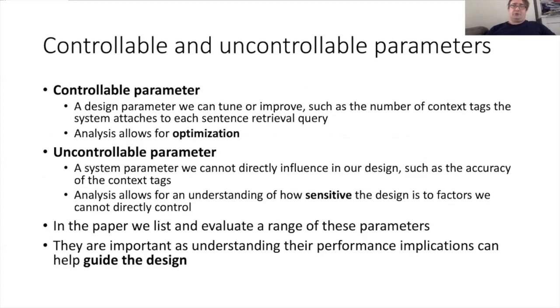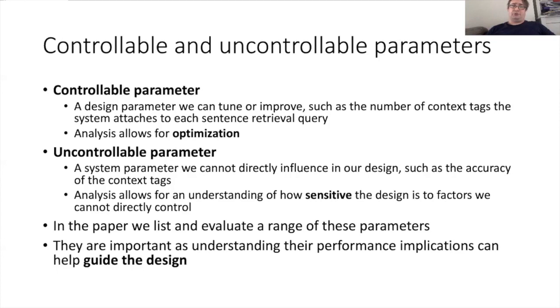In our function model, we have parameters, as I previously mentioned. These parameters can be categorized into controllable and uncontrollable parameters. A controllable parameter is a design parameter we can tune or improve, such as the number of context tags the system attaches to each sentence retrieval query. An analysis of controllable parameters allows for design optimization.